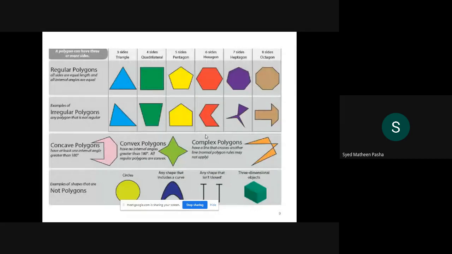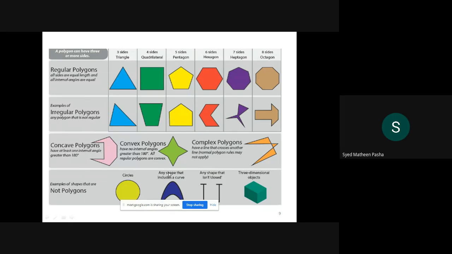These are the fill areas which we consider in polygons. First are regular polygons, which consist of 3 sides, 4 sides, 5 sides, and so on. Then irregular polygons, which consist of different shapes. Then concave, convex, and complex polygons. And these are some examples of what is not a polygon.